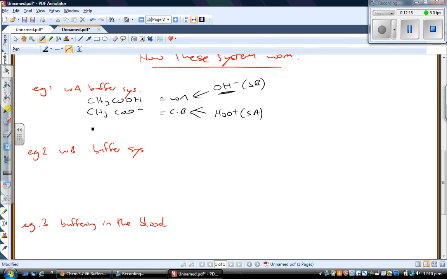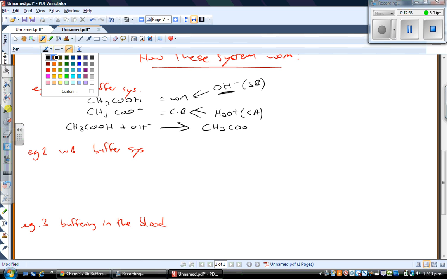So the equation will be as follows: ethanoic acid plus hydroxide ions will form the ethanoate. So yes, the weak acid will react with the strong base and form the ethanoate, plus you get water.